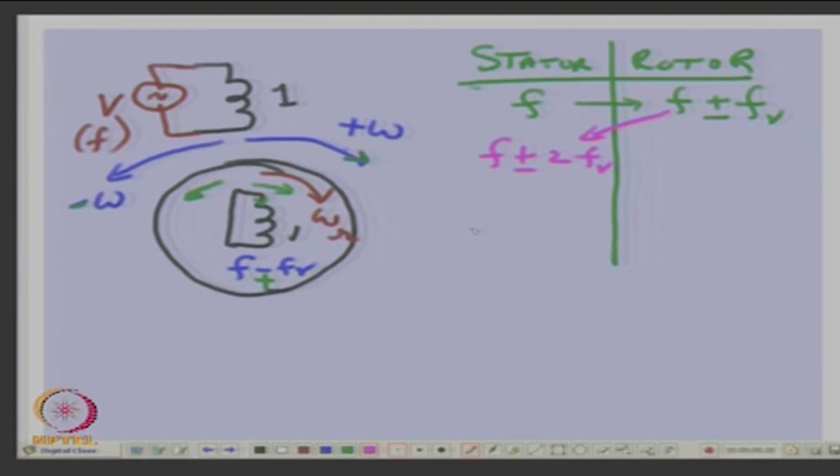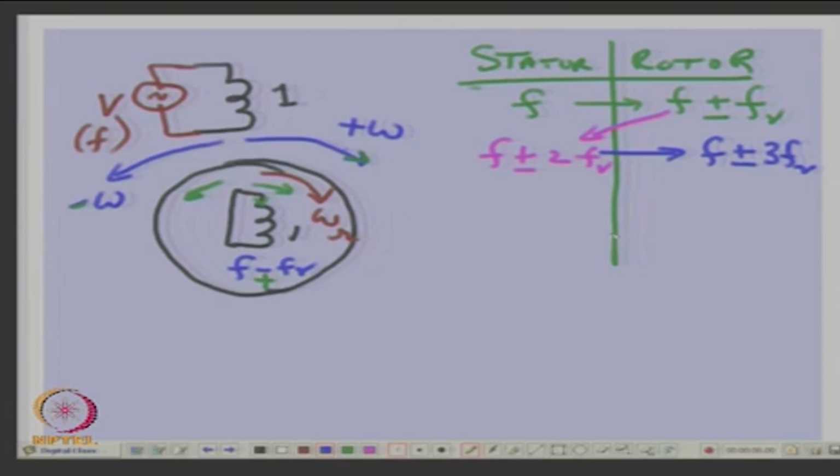The forward one will be in synchronism with the inducing field. The backward field will again give rise to other currents in the stator. So, this is in the stator, and then this will give rise to F plus or minus 3 Fr.